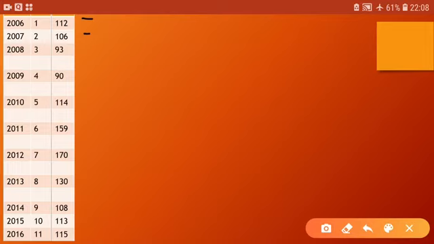After that you have to take 93 plus 106 plus 112. So what I am doing, I am taking 1 year itself, 93, 2 up 106, 112 and 2 down, 90 plus 114.